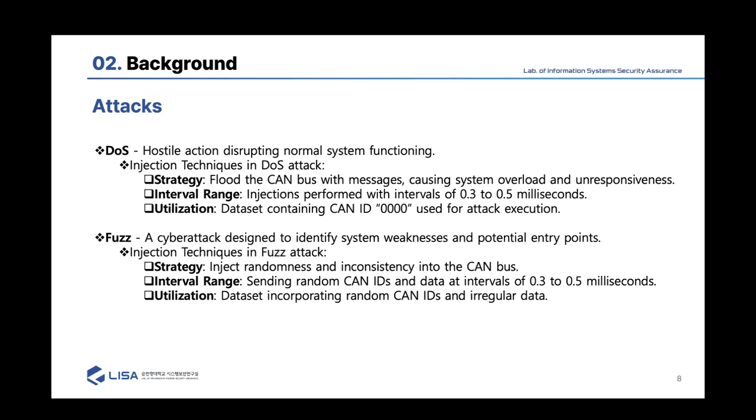These are intended to uncover weak spots and potential entry points for further exploitation. A dataset incorporating random CAN IDs or irregular data is used to execute this attack. In summary, a fuzz attack on the CAN bus involves injecting random and inconsistent data at short intervals to discover vulnerabilities within the system.